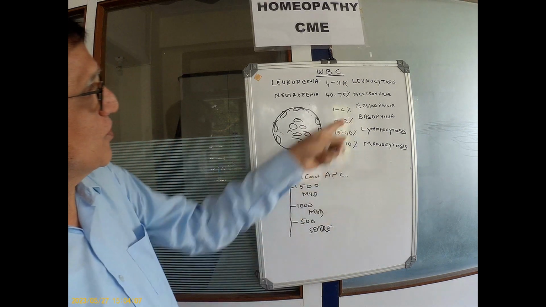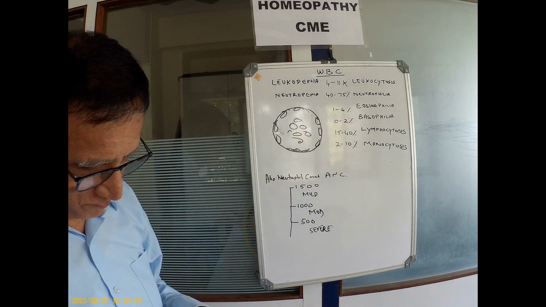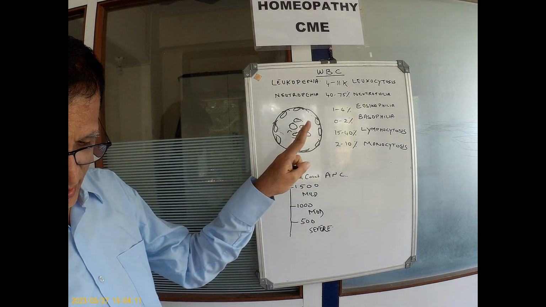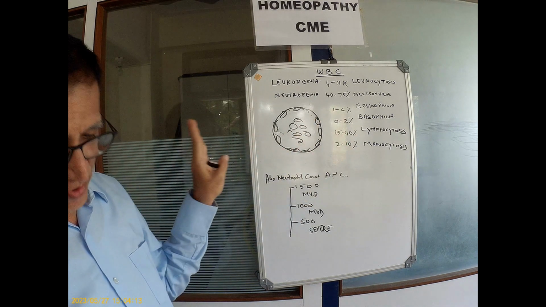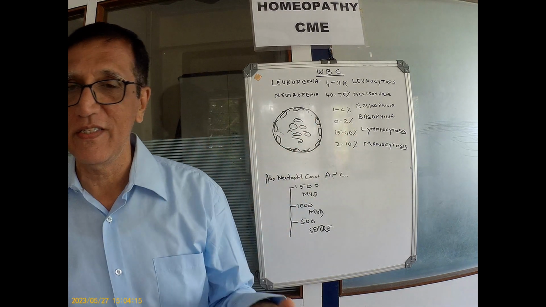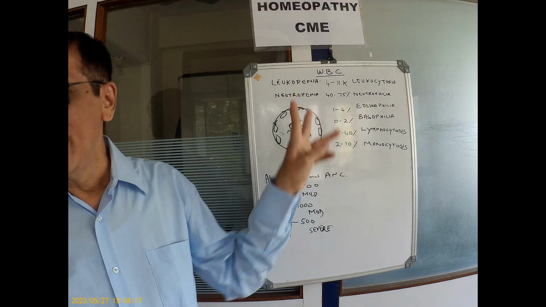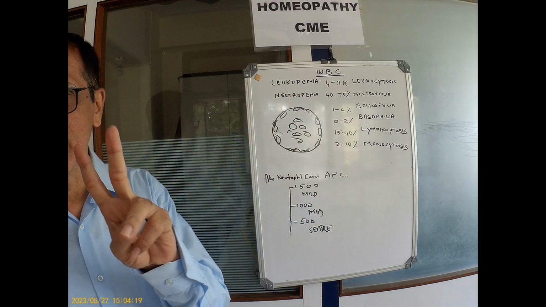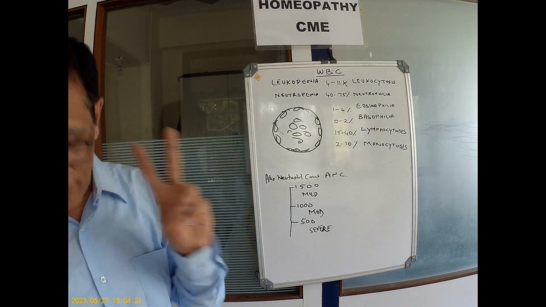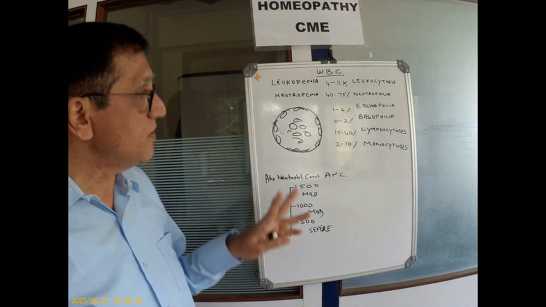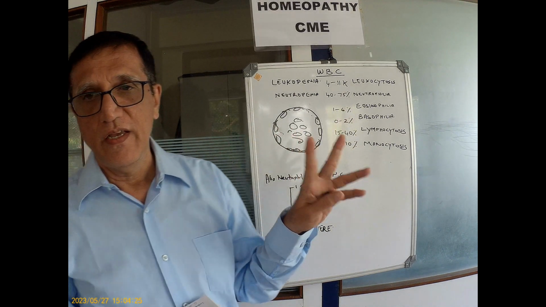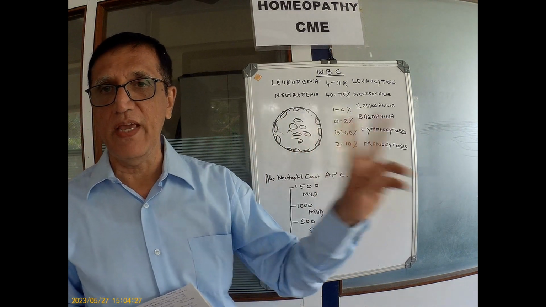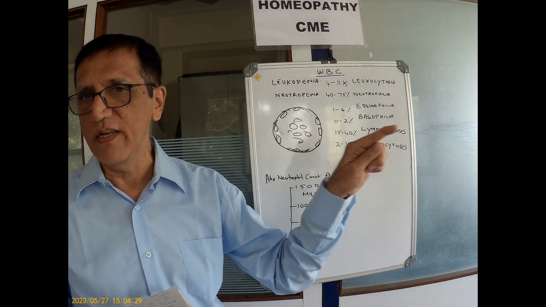Now next we march on to eosinophils. Eosinophils, as I said, are for parasites and allergy. Now eosinophils produce two important chemicals. One is histaminase, with ASE at the end.